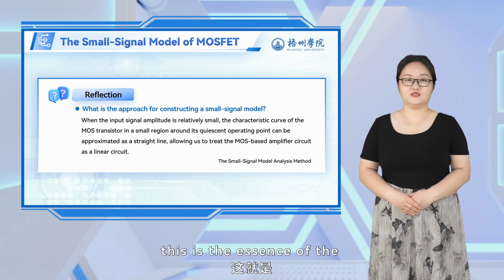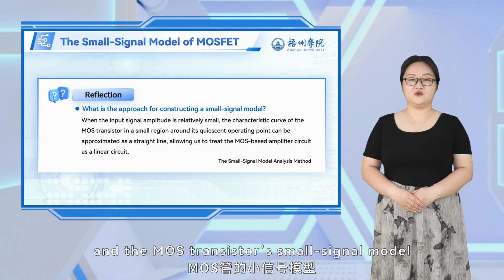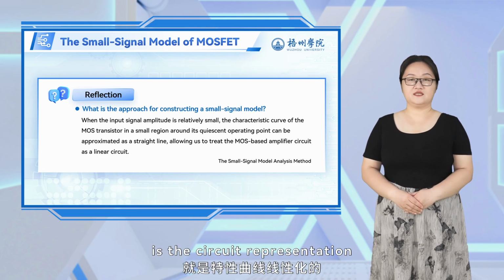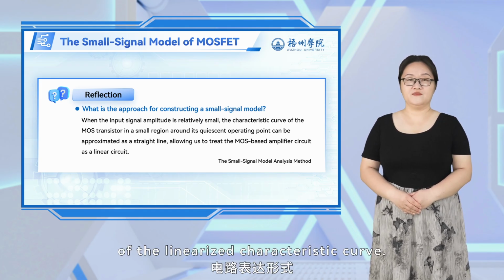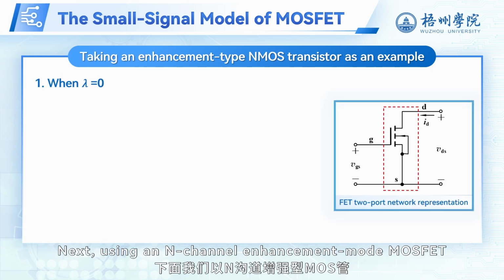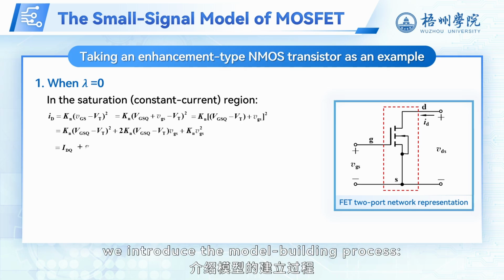This is the essence of the small signal model analysis method, and the MOS transistor's small signal model is the circuit representation of the linearized characteristic curve. Next, using an N-channel enhancement mode MOSFET as an example, we introduce the model building process.